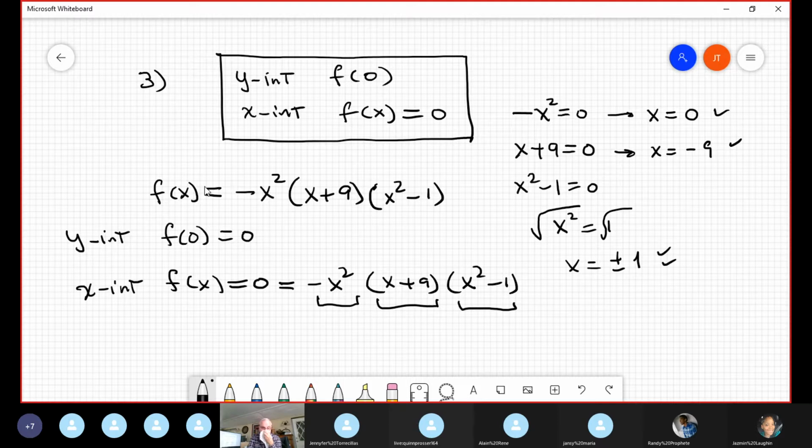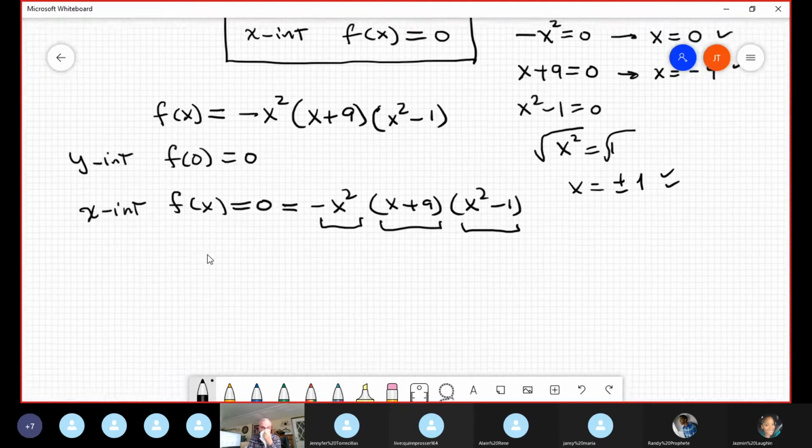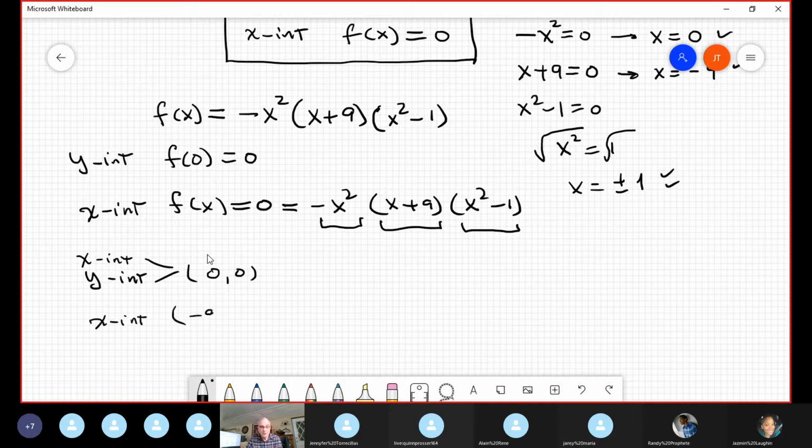Okay, so let's summarize everything in this problem. The y intercept is the famous point 0, 0, which is, by the way, also an x intercept. And the rest of the x intercepts are negative 9, 0, negative 1, 0, and positive 1, 0.